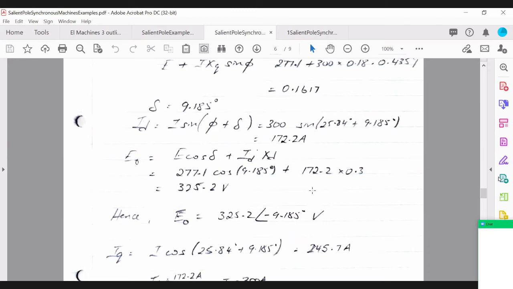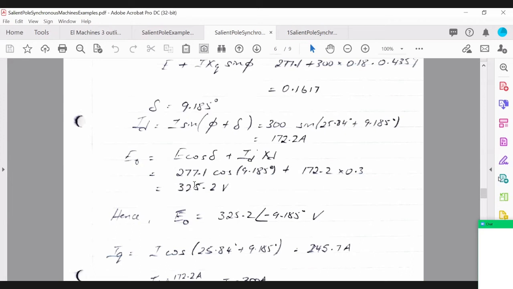As you can see, it's E cos delta plus ID XD. So substituting, we can determine the salient pole machine induced voltage, right? It's E naught, and that comes out to be 325.2 at an angle of minus 9.185.